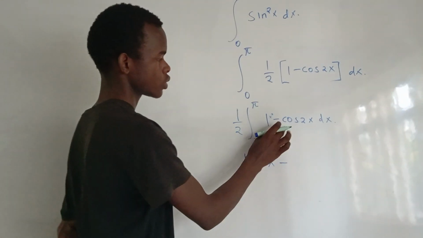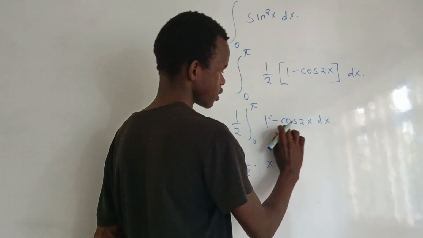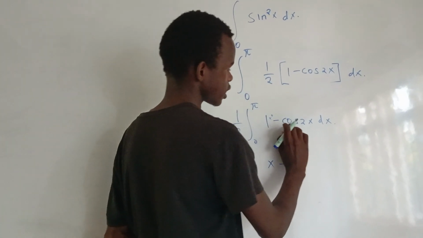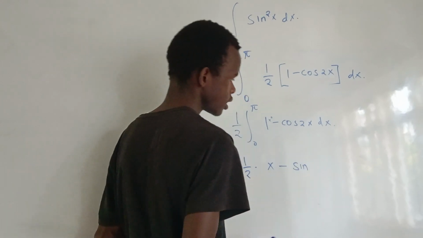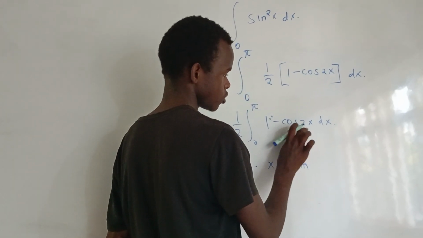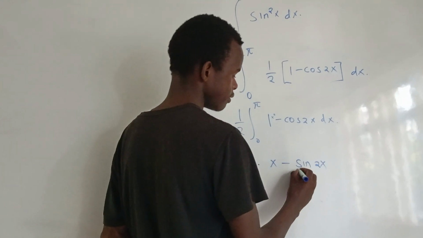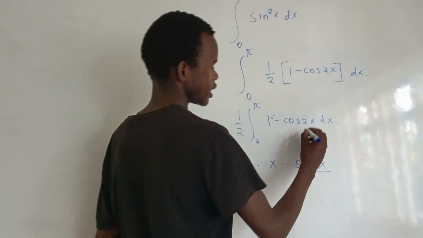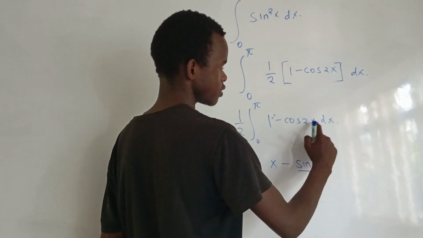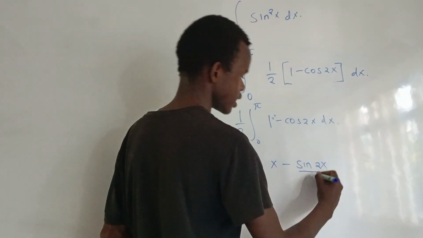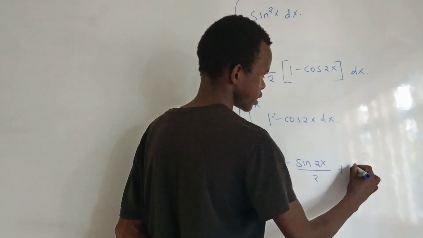This is a linear function, so you just integrate the trig. If you integrate cos, you get sine. Write the argument the way it is, 2x, then divide it by the derivative of the argument. The derivative of 2x is just 2. It's that simple.